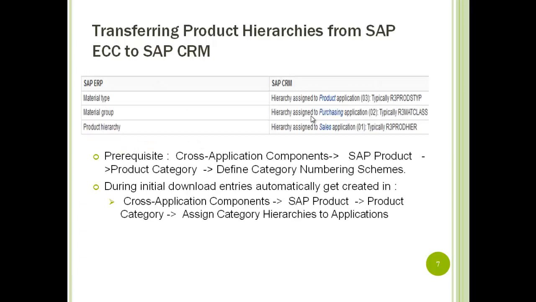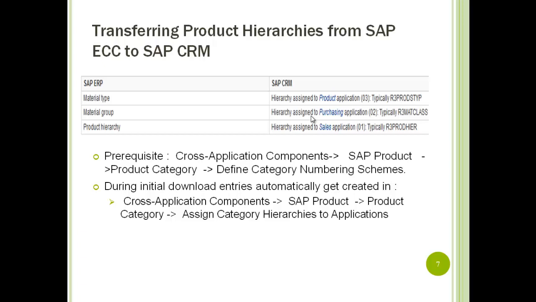Now, there are certain prerequisites, as we have already discussed about category number schemas, which are used for defining how many levels of categories could be defined and how many characters could be used for defining the category numbers at each level. So, that is a prerequisite. Okay.